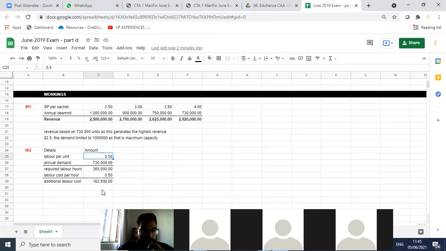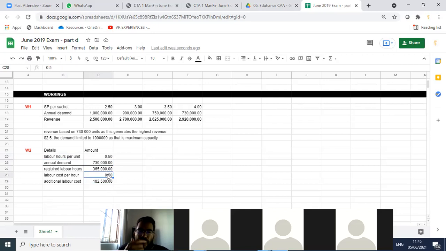Mathematically, it makes sense to stick with 0.5 labor. So you're taking half an hour per unit, there are so many units, so that is the number of hours. Each hour is 50 cents. That is why I'm not using the 0.25.